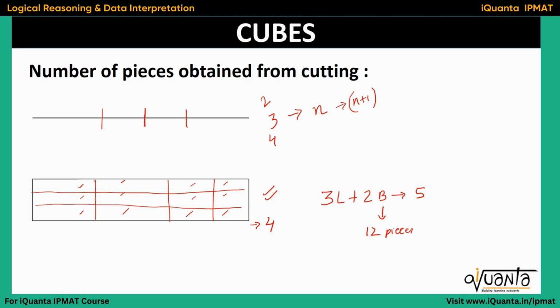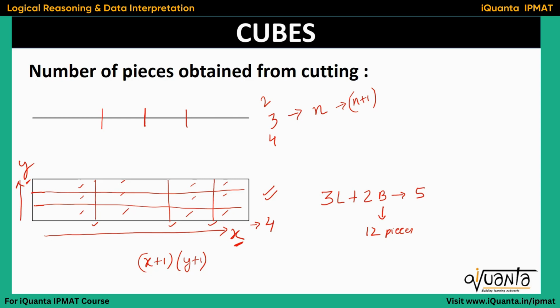If we consider the length as the x-axis and the breadth as the y-axis, making 3 cuts along the length gave us 4 pieces, which means x plus 1 pieces, and making 2 cuts along the breadth gave us 3 pieces, which we can write as y plus 1, where x is the number of cuts along the length and y is the number of cuts along the breadth.